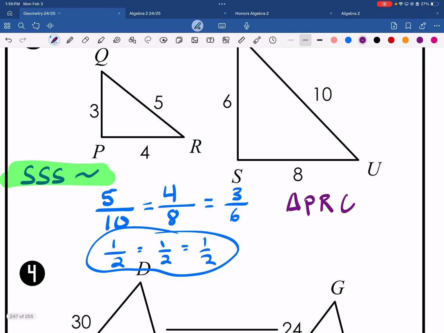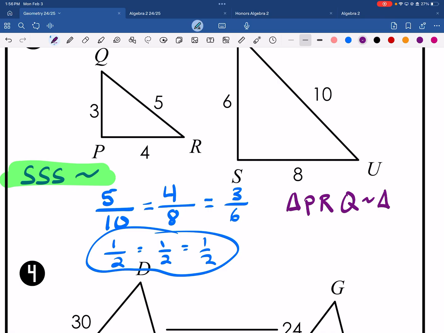If I take PRQ, and we said in the last example that the order that we put the first one in doesn't matter, but now it does. So I look at the one that's P, and it has the smallest side and the middle side going to it.